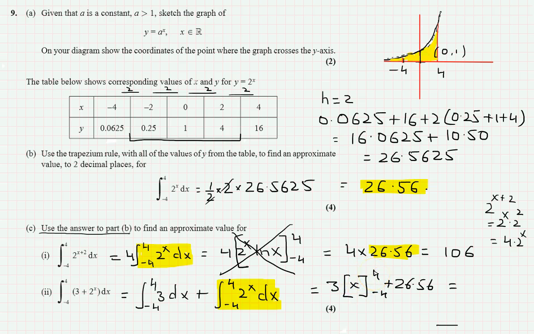Upper limit 4 minus lower limit -4, that is 8. 8 times 3 is 24. So this is 24 plus 26.56. So that is 50 point.